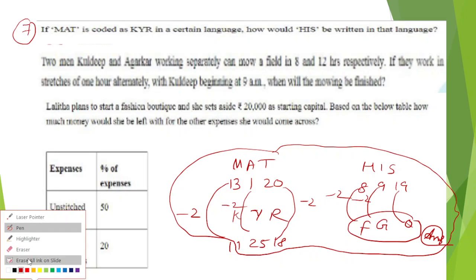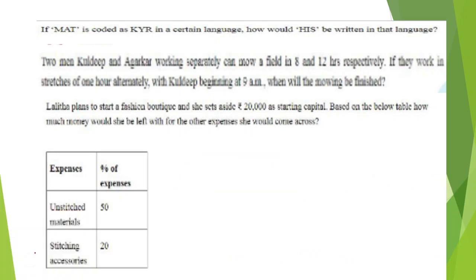Let me erase it. Let's move to the 8th question of today's video. Two men, Kuldeep and Agarkar, working separately, can plough a field in 8 and 12 hours. So Kuldeep and Agarkar, 8 and 12.